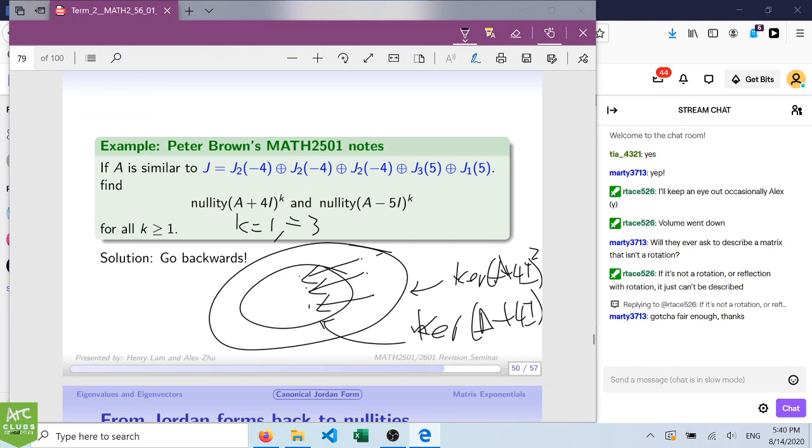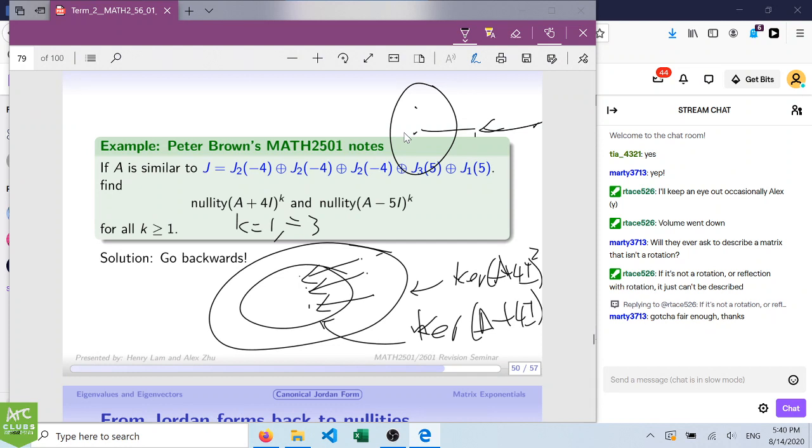And then for this (A - 5i) to the k, we can apply a similar trick. There is a length 1 Jordan chain here and a length 3 Jordan chain here, a separate length 3 Jordan chain.